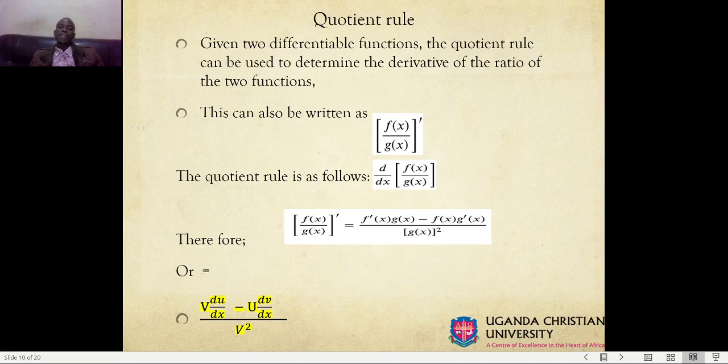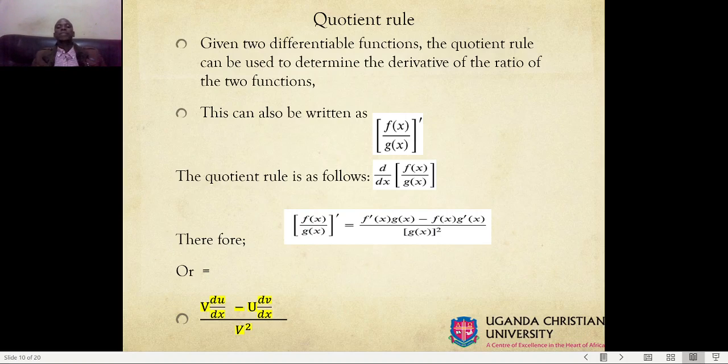Now I may sound like I'm speaking in tongues, but I repeat. We say that we are assuming the first function, or the numerator, to be u and the denominator to be v. So to get the derivative of that, we will get the denominator, that which is down, times the derivative of the numerator, minus the numerator, which is the upper one, times the derivative of the denominator, divided by the denominator squared.